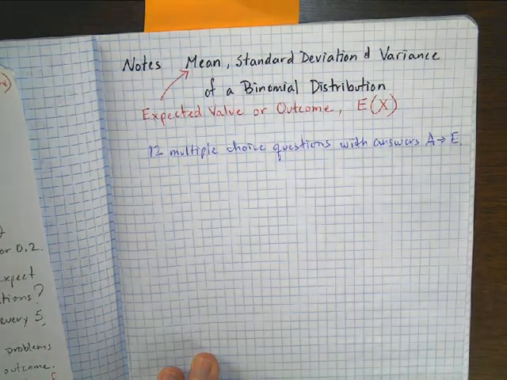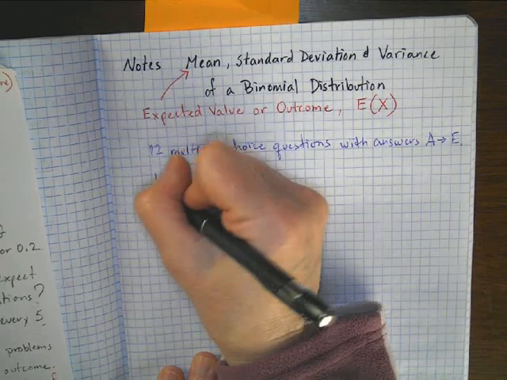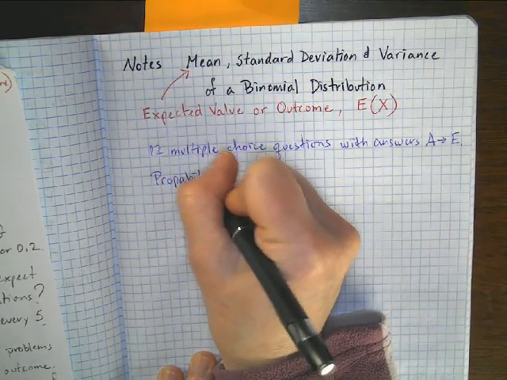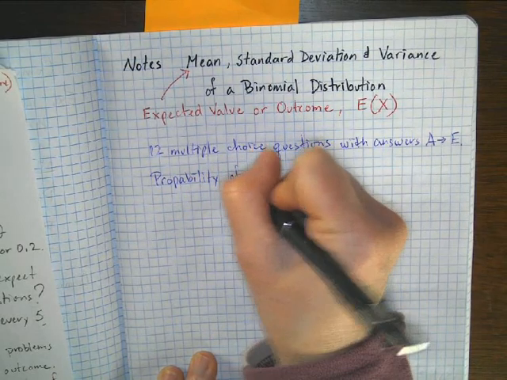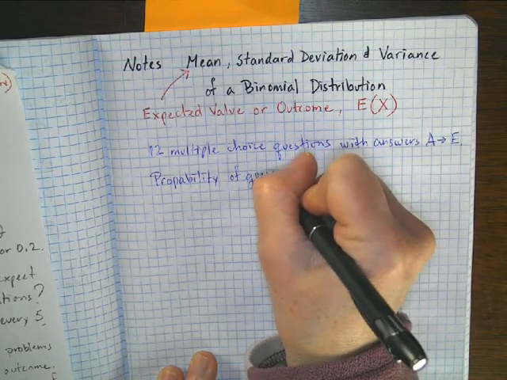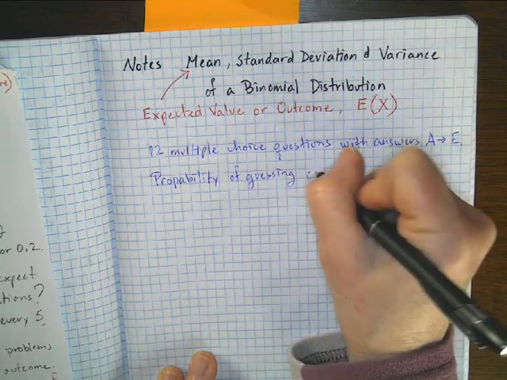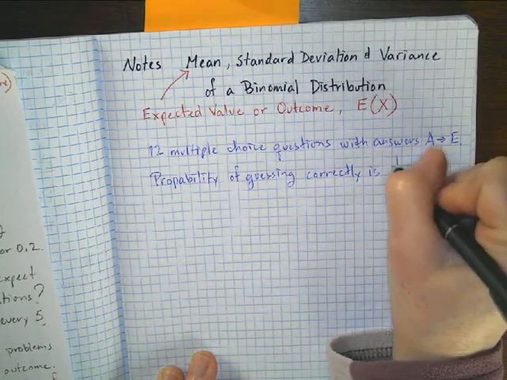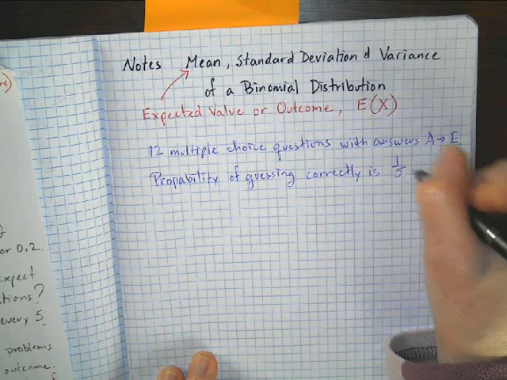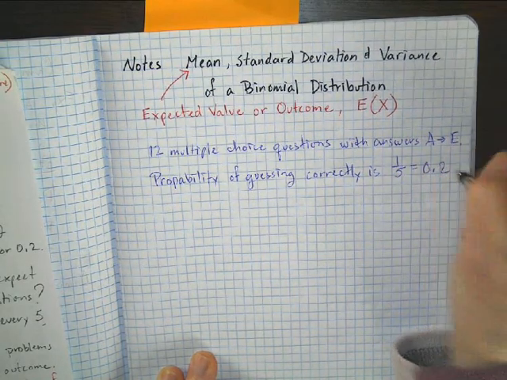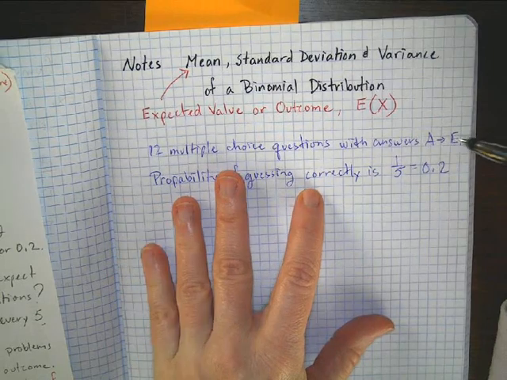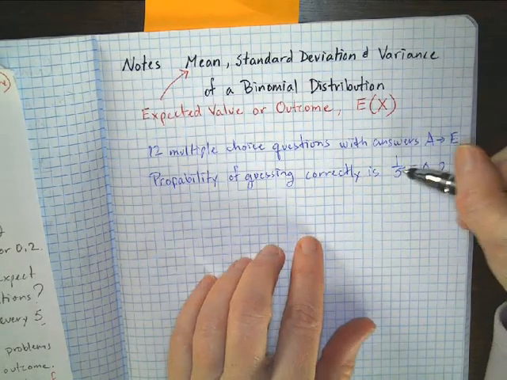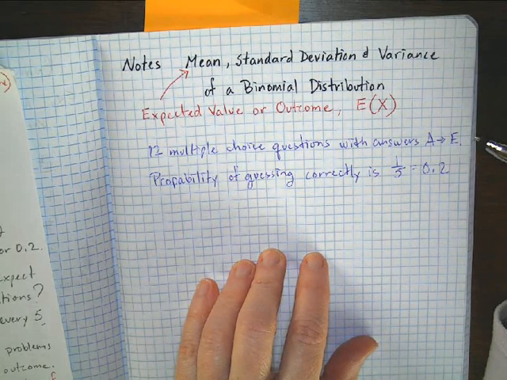The probability of guessing correctly would be 1 out of 5, or 0.2. Because A, B, C, D, E, there's 5 choices for answers, only one of them is right. So we have a 1 out of 5 chance of getting any given question right.